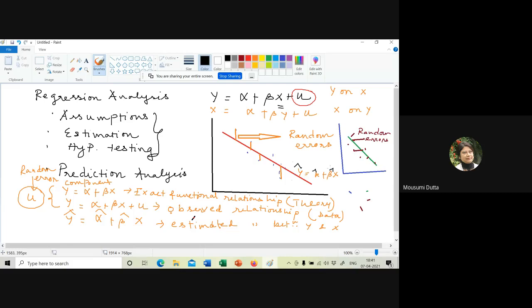Okay, so we are coming to the assumptions part. The first assumption regarding the error term is that errors are unbiased.